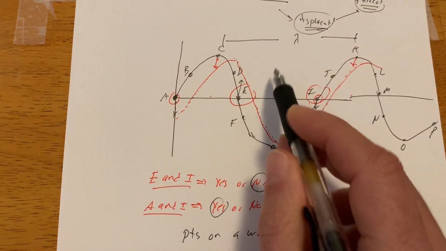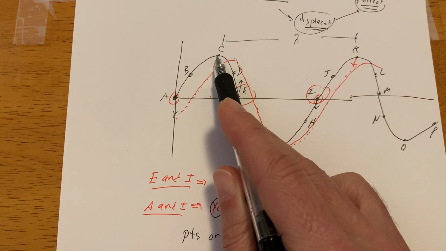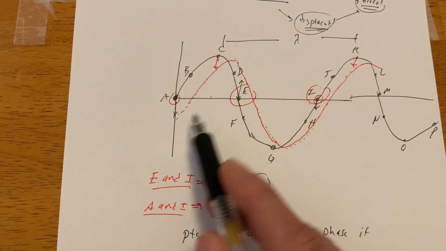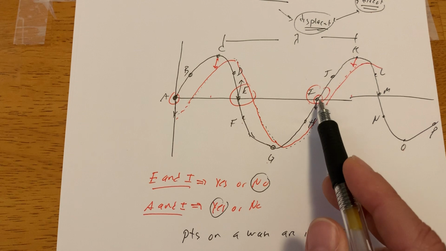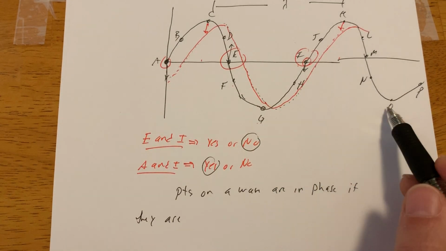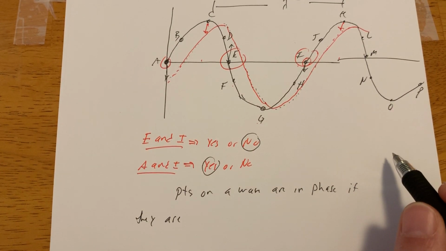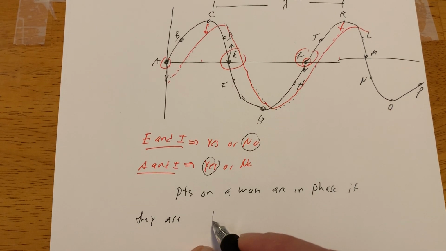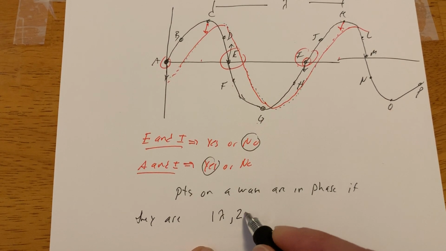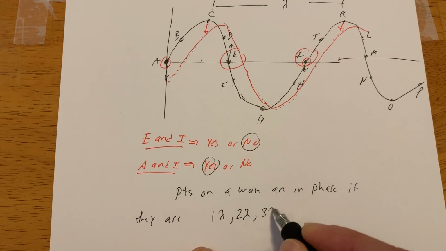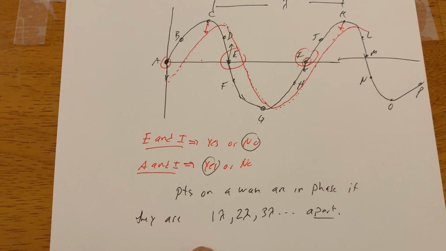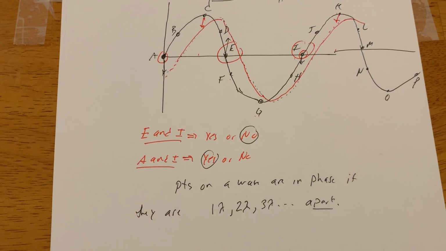Going back, it happens to be from crest to crest. That's a wavelength. What about A and I? That was also a wavelength. G and O, that's also a wavelength. So points on a wave are in phase if they are one wavelength, two wavelengths, three wavelengths, and so on, apart. So this is one way we can figure out if points on a wave are in phase.